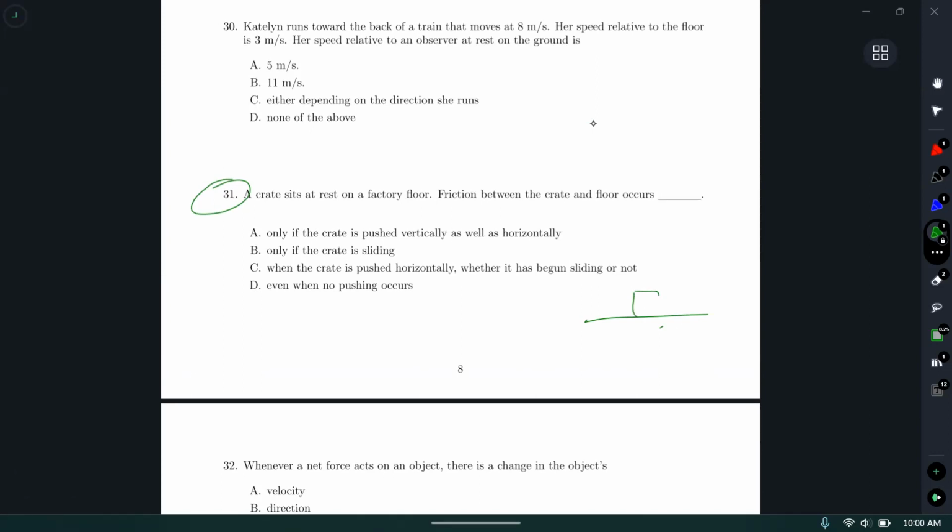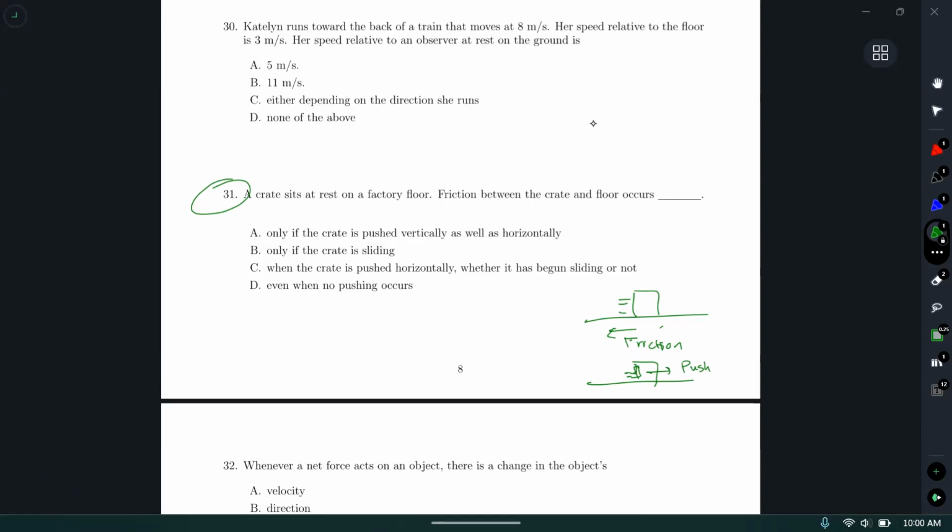So, crate sliding, I agree there would be friction resisting that motion. But are you saying that when I push on it but it's not moving yet, there's no friction? Would it be C? Because you said earlier if it's even trying to act on it. Yeah. And the reason I know is if something's not moving but I'm pushing on it, that thing is in equilibrium.